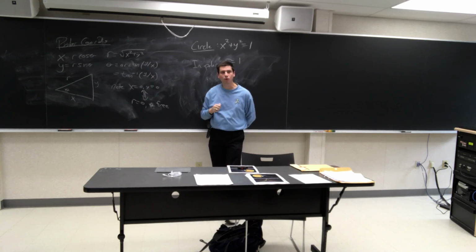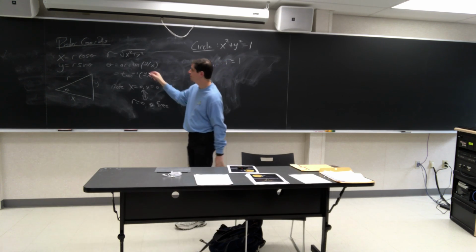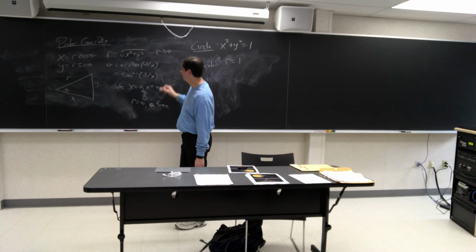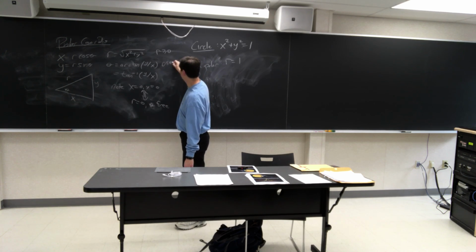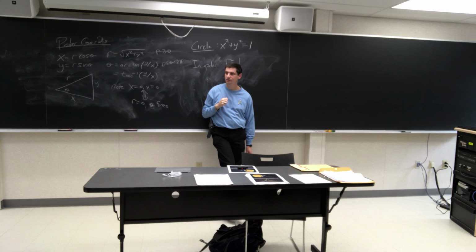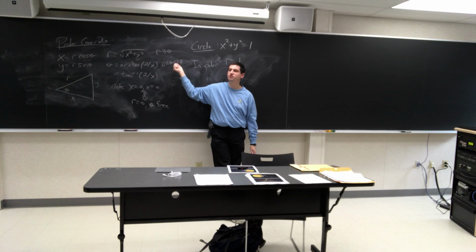So you always want to think about what is the domain. Here, for the domain for polar coordinates, we will always assume r is greater than or equal to 0, and we'll assume 0 less than or equal to theta less than 2 pi. Because if you have r as both positive and negative, I can change things by just changing theta by 180 degrees, or by pi radians.